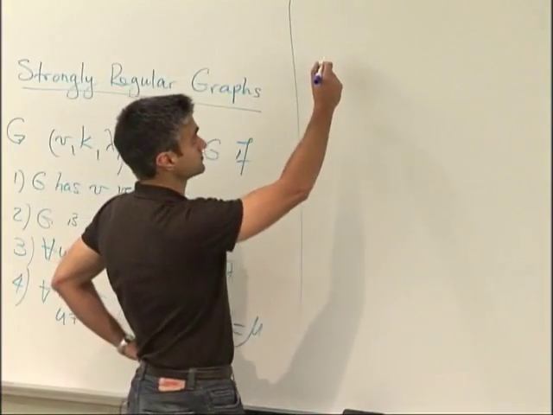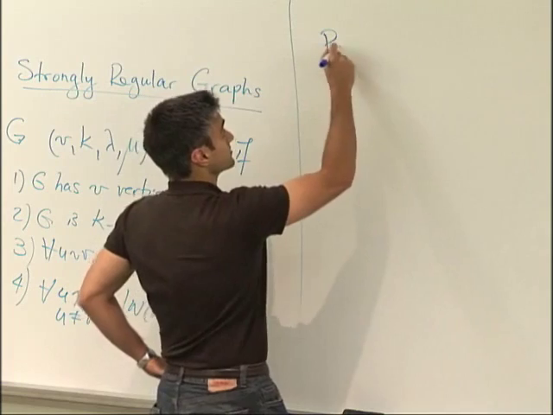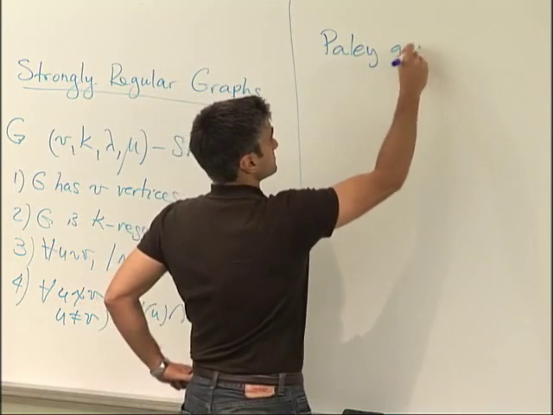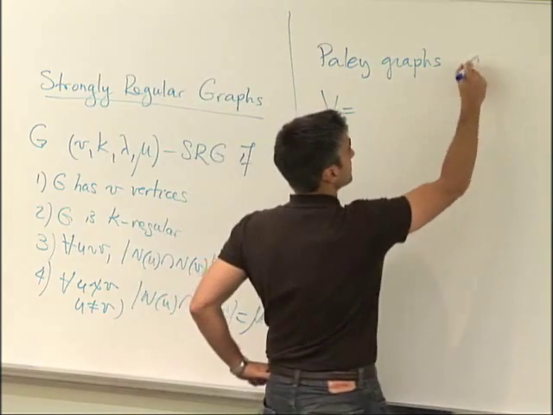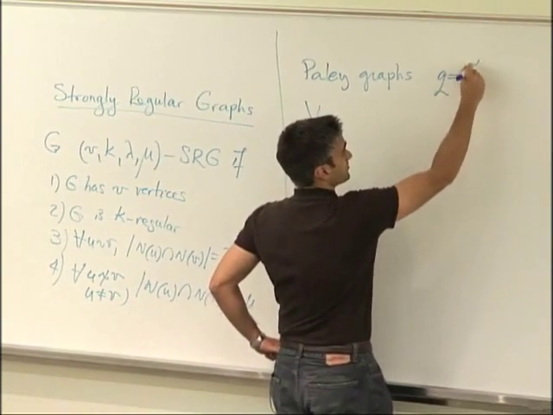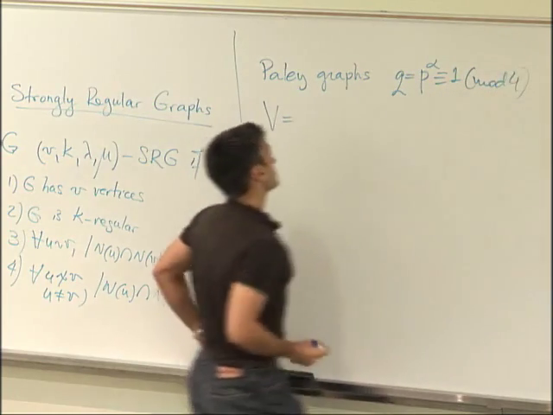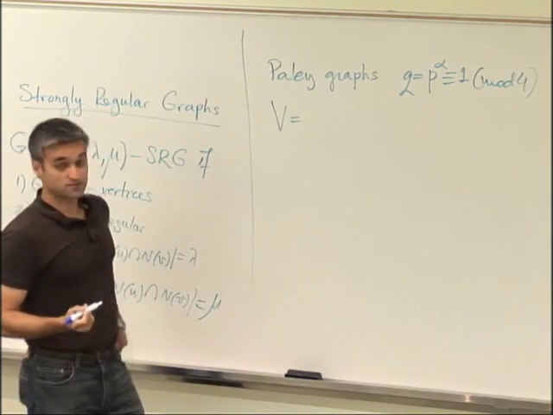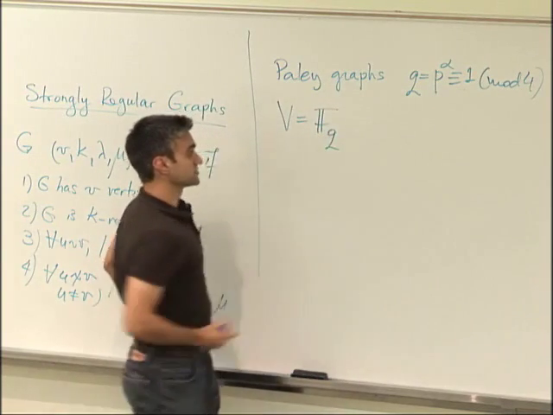So I guess the most famous one is the Paley graph. Here the vertices: you take Q, a power of a prime, which is congruent to 1 mod 4. And the vertex set of the Paley graph is formed by all elements of the finite field with Q elements.